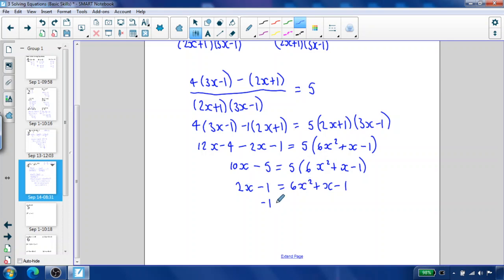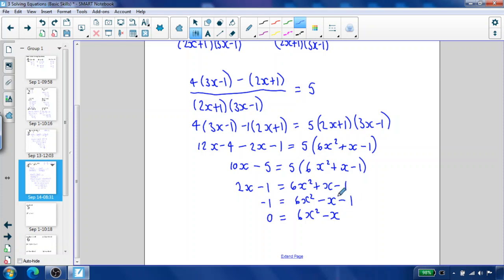So minus 1 is equal to 6x squared. Now it's a positive 2x, so minus 2x on both sides is going to be minus x minus 1. And then I've got this negative 1 to work with, so I need to add 1 to both sides. So 0 is equal to 6x squared minus x.